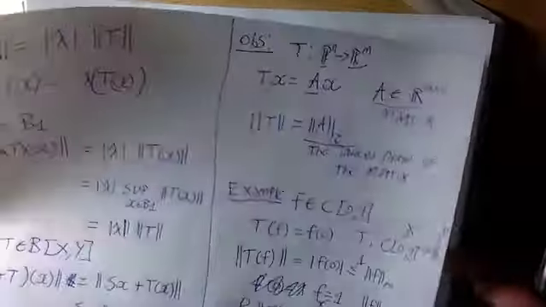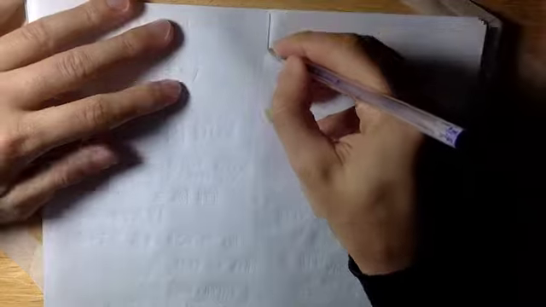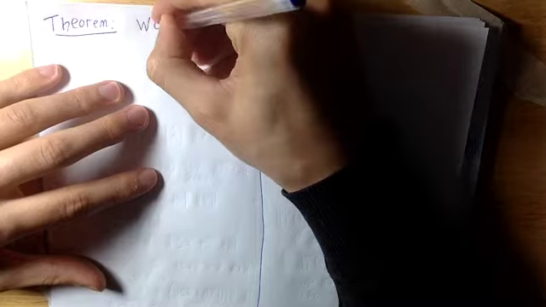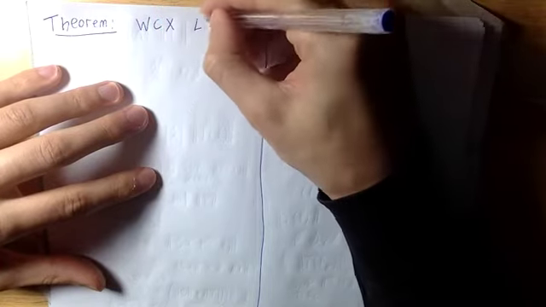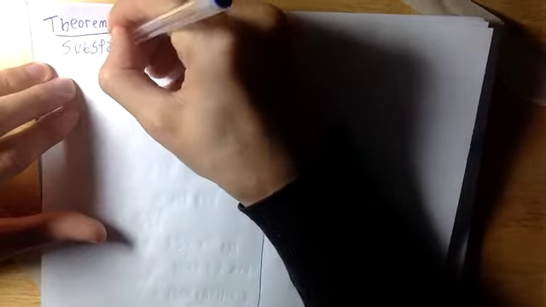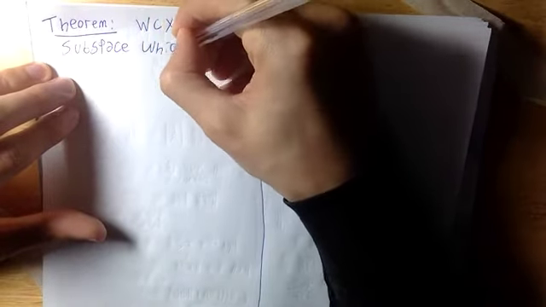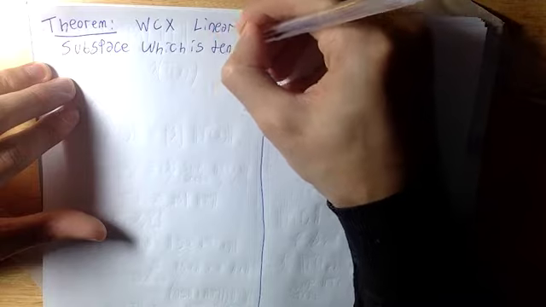Okay, now next, what do I want to do? The next thing we can talk about is what happens if we take a subset W of X, which is a linear subspace, which is dense.